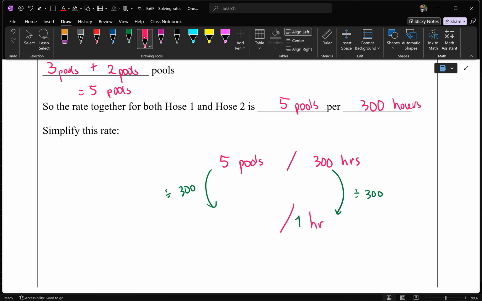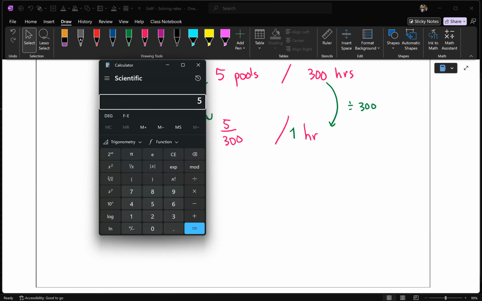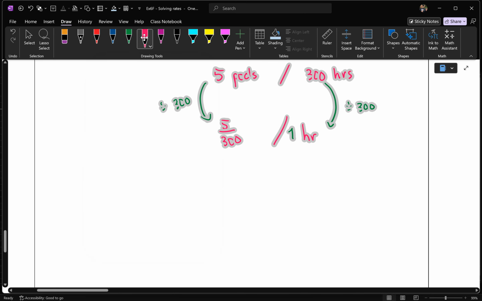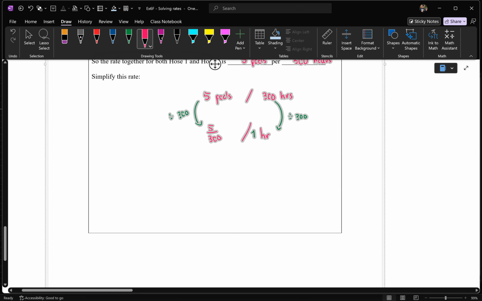So how much of a pool will be filled? It will be 5 divided by 300, which is 0.016, or if you leave it as a fraction, 1/60.